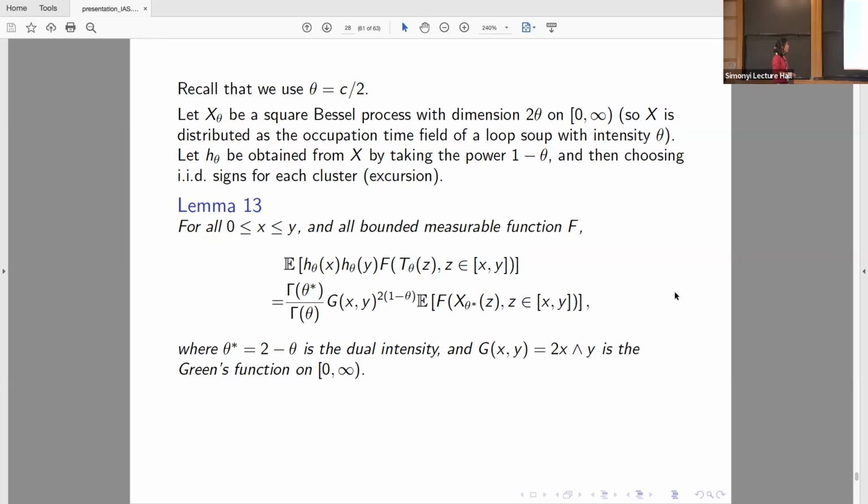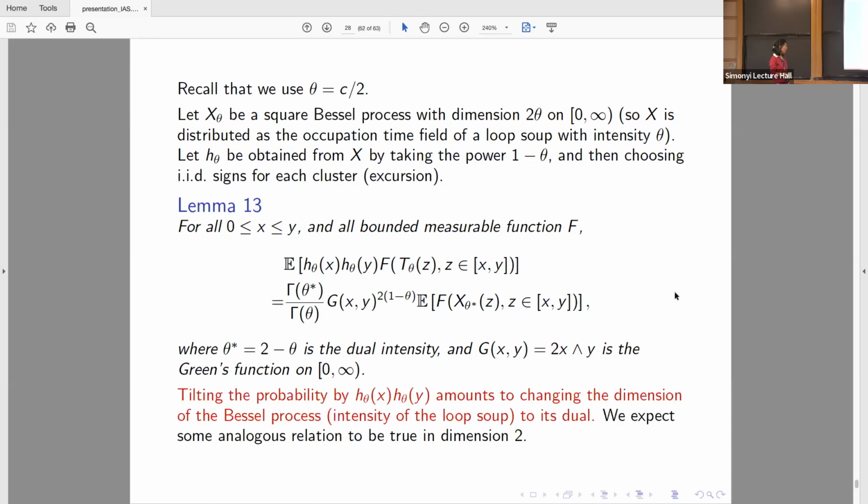It's with a dual dimension theta star equal to 2 minus theta, and with some constant terms in front. So it means weighting by this field h theta at points x, y is like changing the dimension of the Bessel process on the interval x, y to the dual dimension theta star.